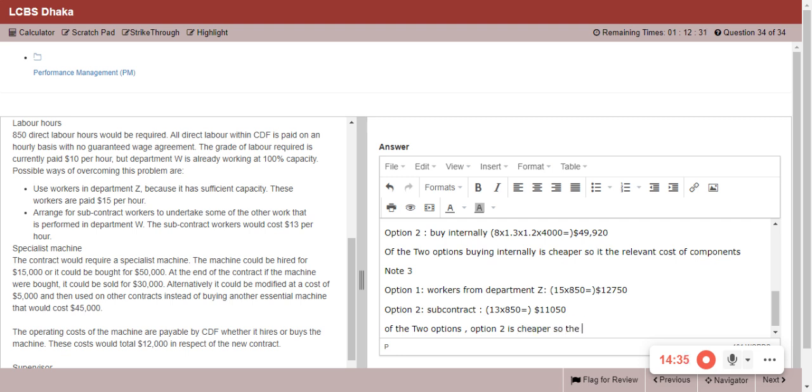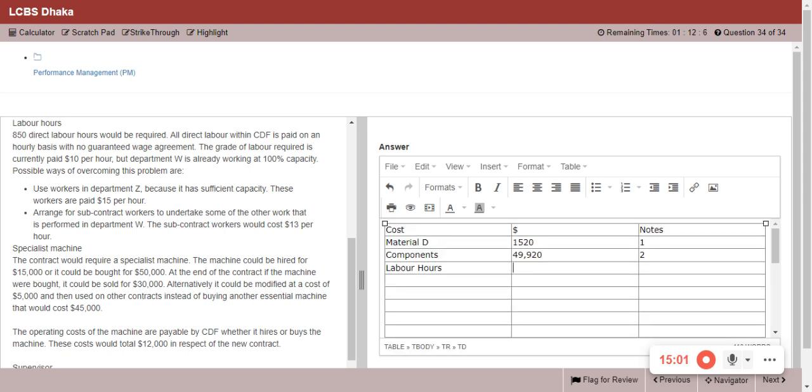So the relevant cost of direct labor is 11,050, and this is note 3.